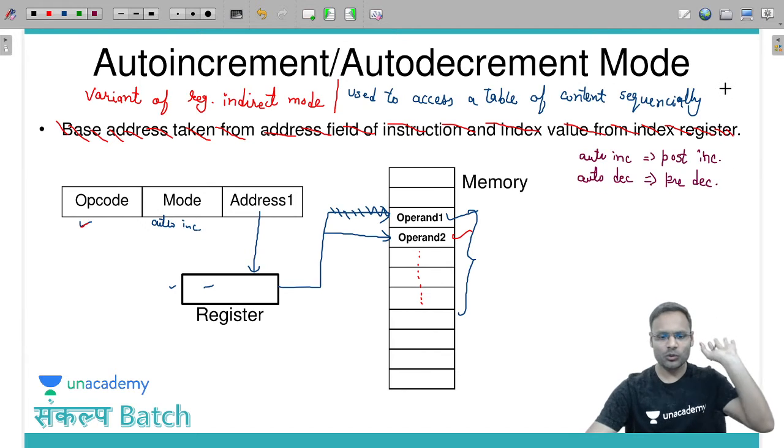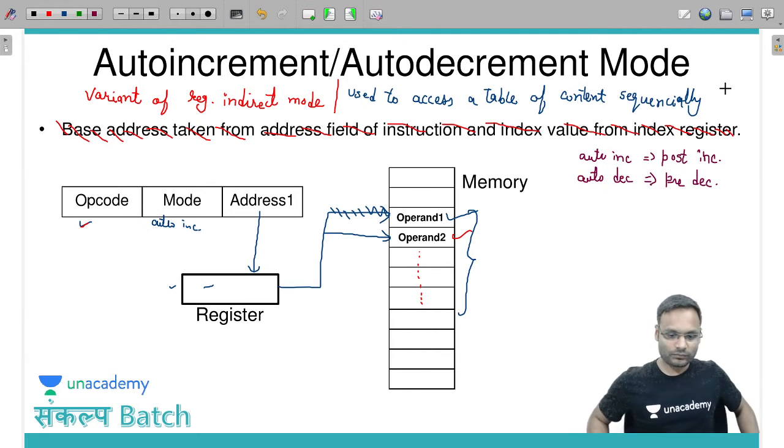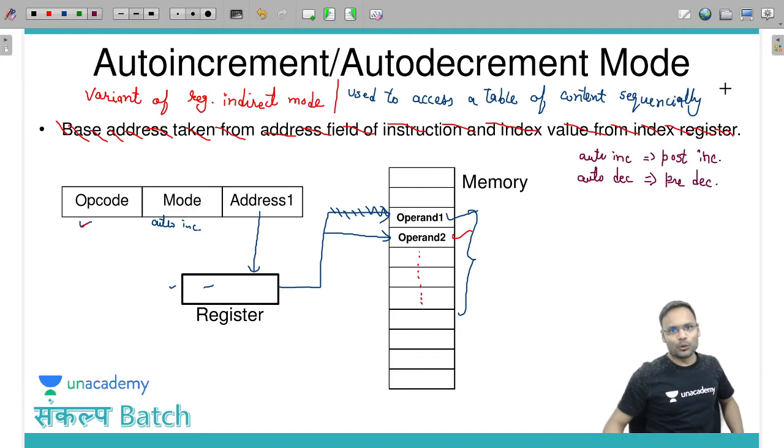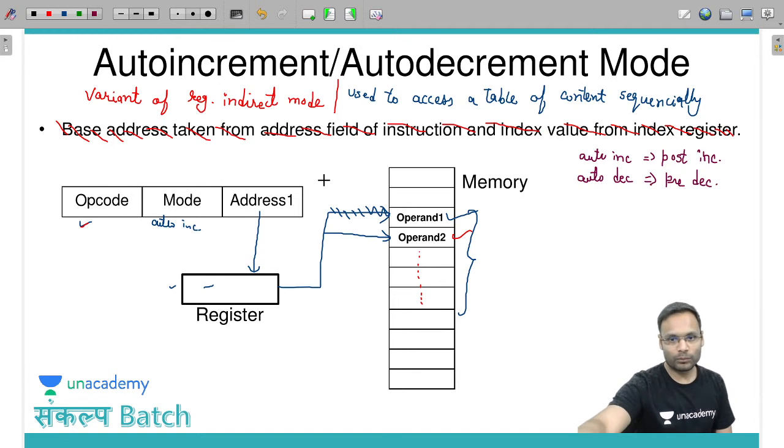That is what you need to remember from here. If you want to access elements from first to last, use auto increment. If you want to access the elements from last to first, use auto decrement. That's it. Simple. To access a table of content sequentially, we use this type of mode.